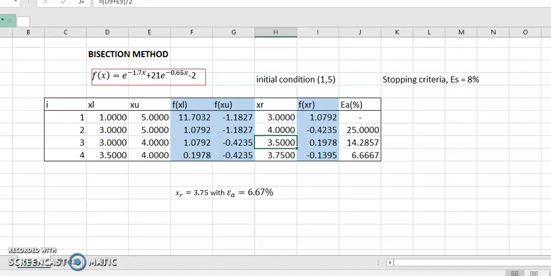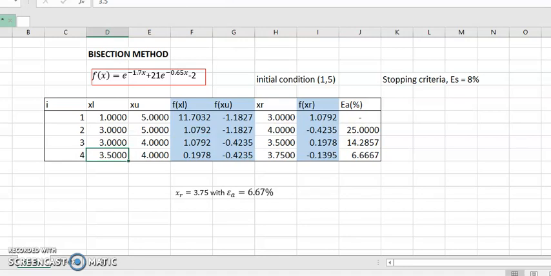Next, for the fourth iteration, this is your f of XR. The sign is positive. The positive sign is the same as the sign of f of XL. So you must replace your XL with the new XR, which is 3.5.